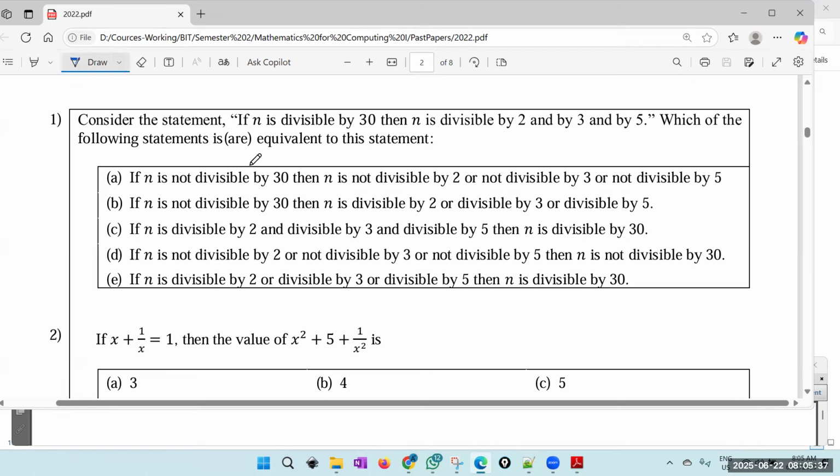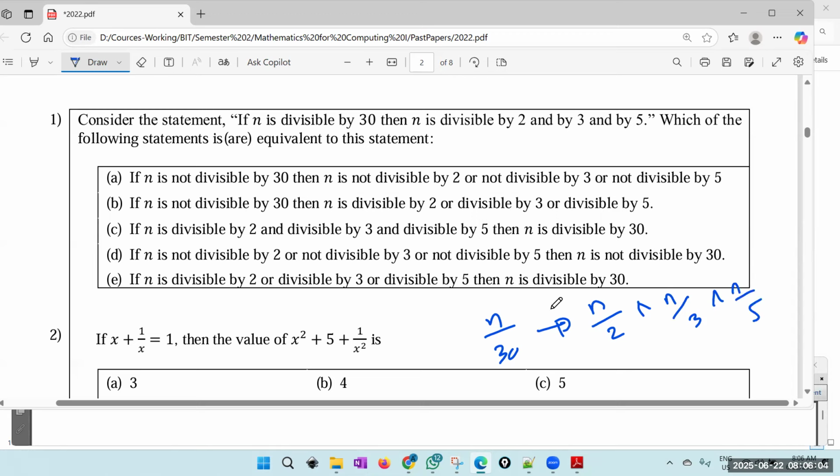Right. Question number one. Consider the statement: if n is divisible by 30, then n is divisible by 2, by 3 and 5. If n is divisible by 30, that implies n is divisible by 2 and n is divisible by 3 and n is divisible by 5.